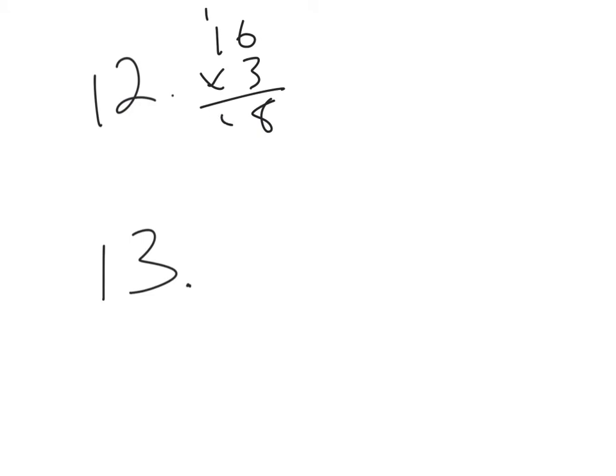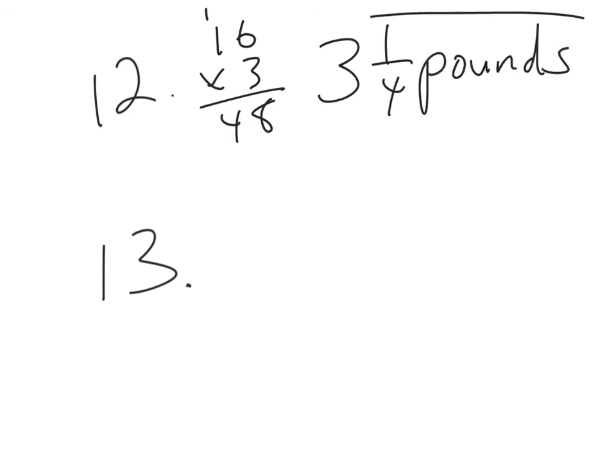Carry the 1, 3, 4. That's 48 ounces. Just the 3 pounds alone is 48 ounces, and there's another 1/4 of a pound, so I know that the 3 1/4 pounds is the larger one.